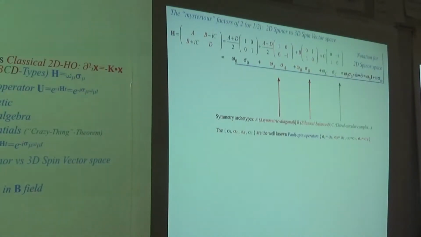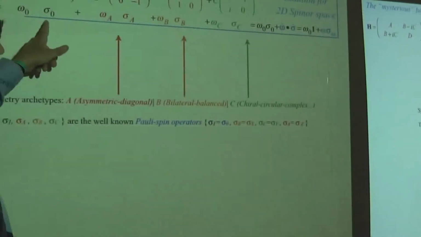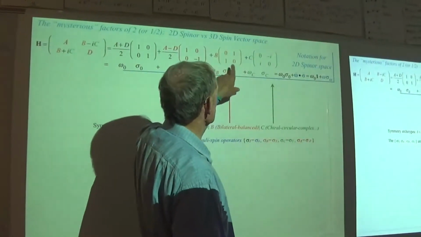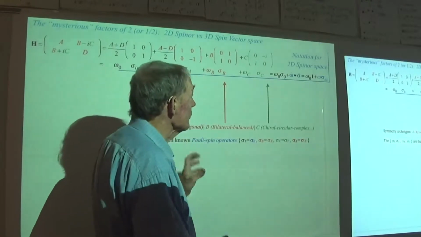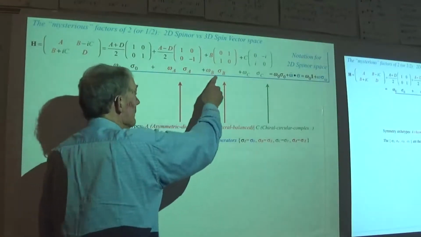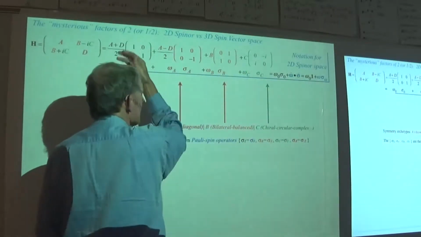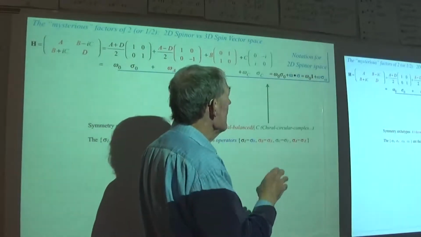And that's what's shown at the top here. Just what we started with. We take this Hamiltonian and break it down with these lowercase omega coefficients, and they're Cartesian components of rotations for that space. And then the sigmas and the A, B, and C are here, and there's always this unit guy to take care of the overall phase of a quantum mechanical system.